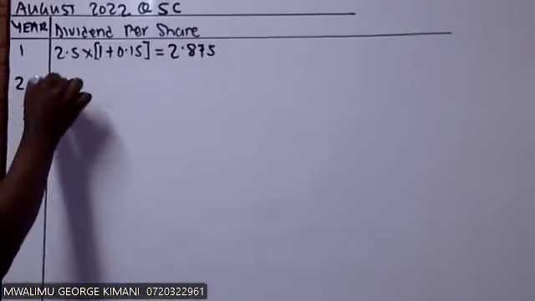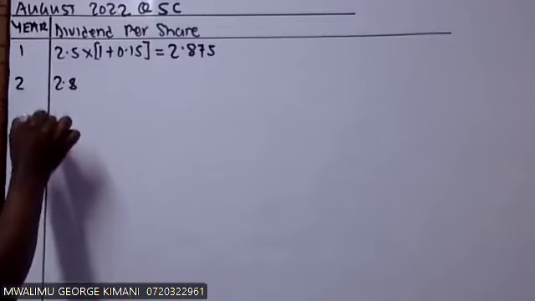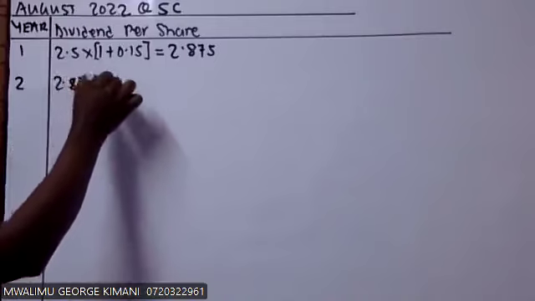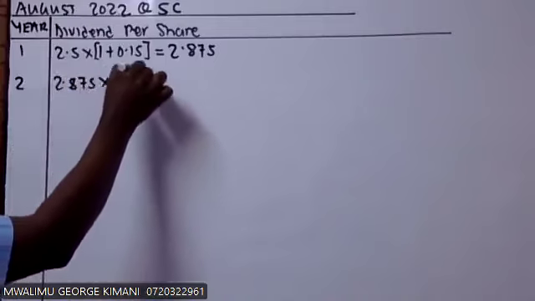It is again 2.5, or we can take this one, 2.875 times 1 plus 0.15.